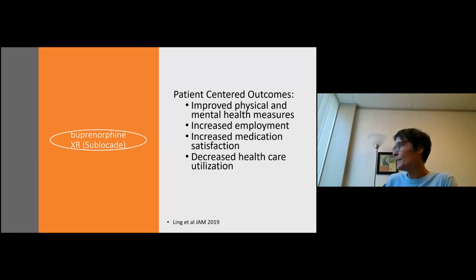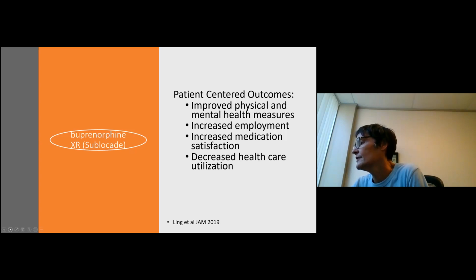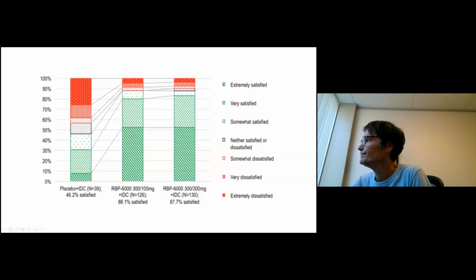And so Ling measured patient-centered outcomes, including physical and mental health measures, which improved significantly on Sublocade, increased employment, increased medication satisfaction, and decreased healthcare utilization for patients on Sublocade. So it's just very effective on multiple fronts.